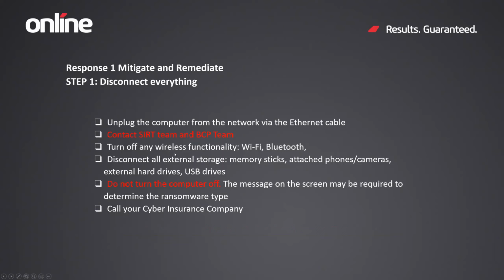They want you to disconnect it and make sure it's not propagating anywhere, but not turn the machine off, because when it comes back on it might be locked and you might not be able to get the information, or it might do something when it turns back on, or it might fry it. There's information on there that might be required by your insurance company or forensics to figure out what type of ransomware is on there.